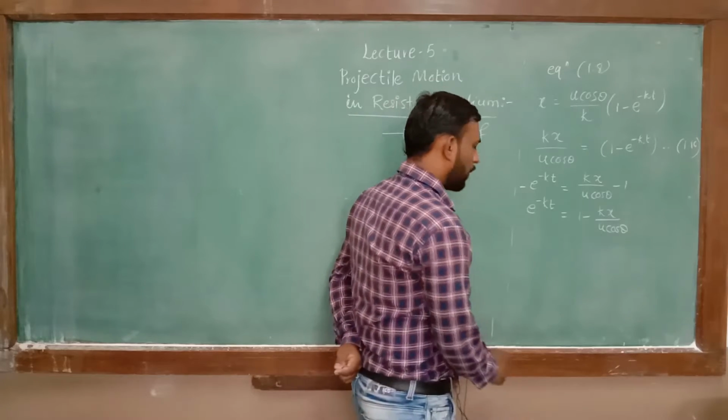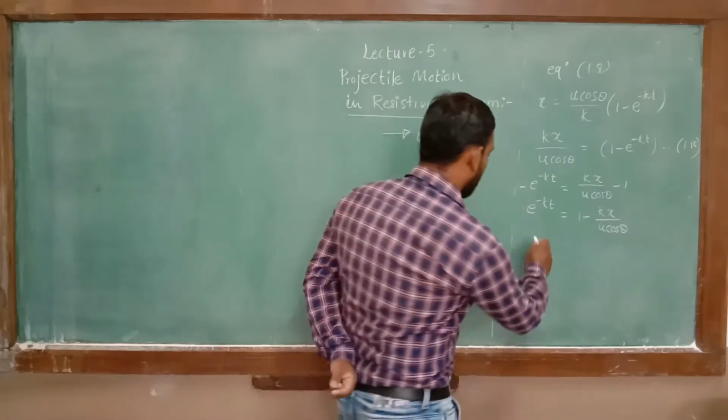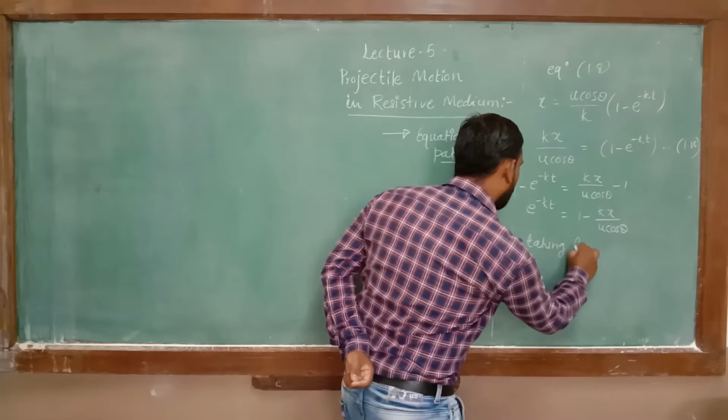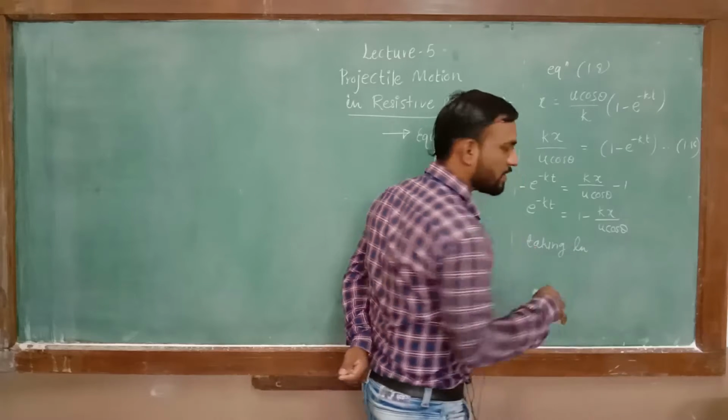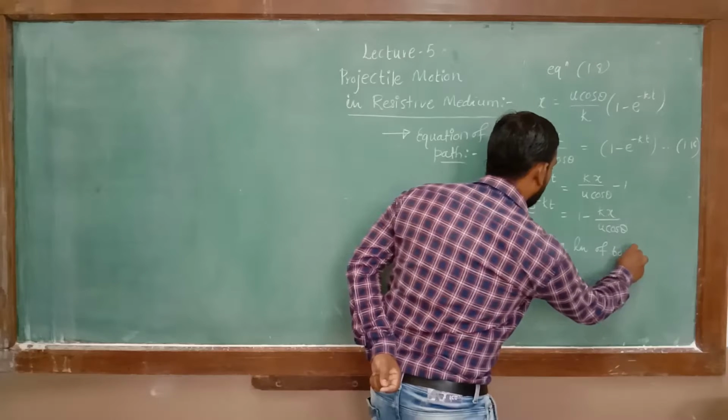Okay, so again take ln of both sides, the natural logarithm of both sides. So what do you get?